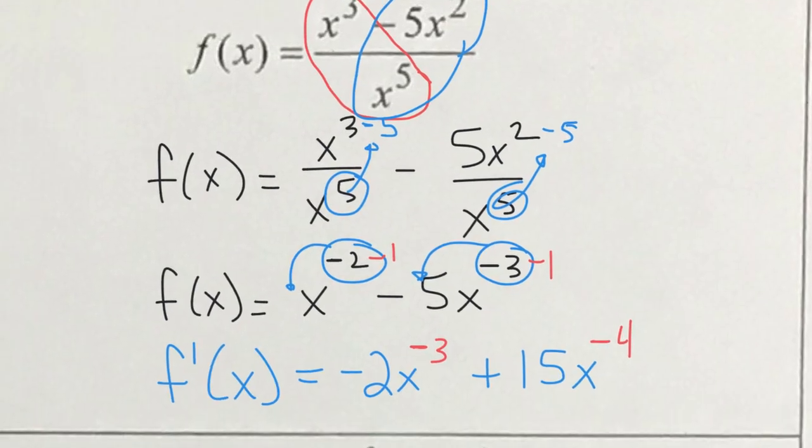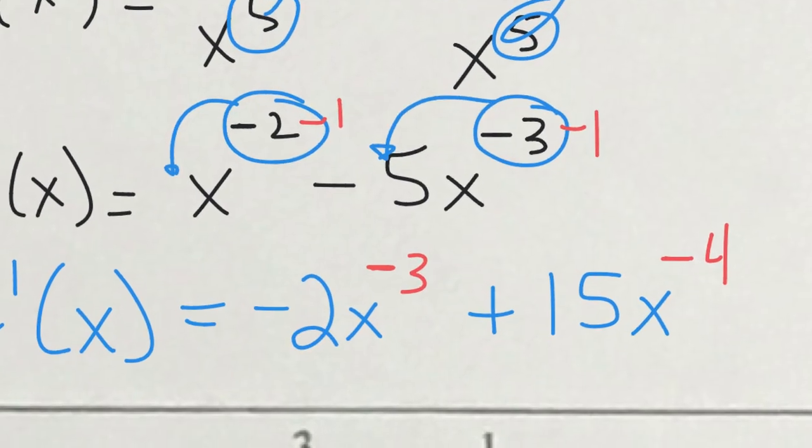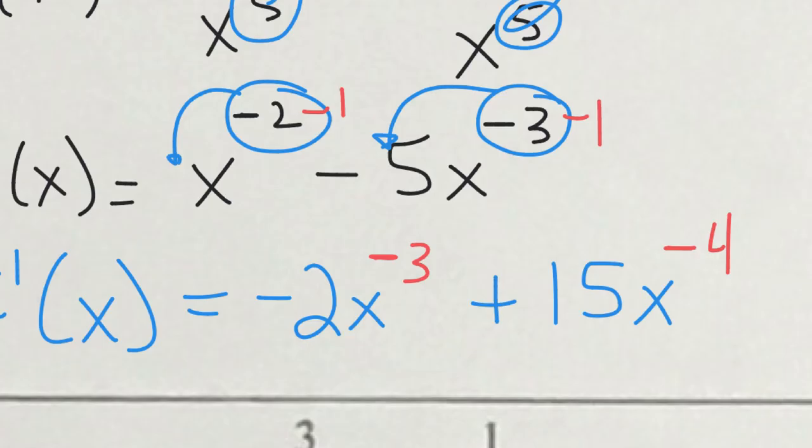So the last thing we're going to do is take our algebraic simplification and move your negative powers with your variable to the denominator. Okay, we're only going to move the negative powers to the denominator.